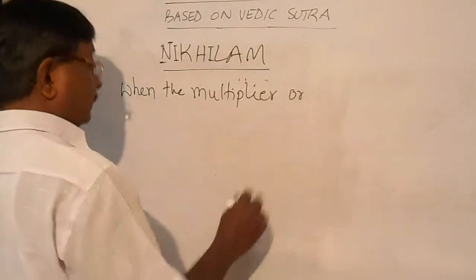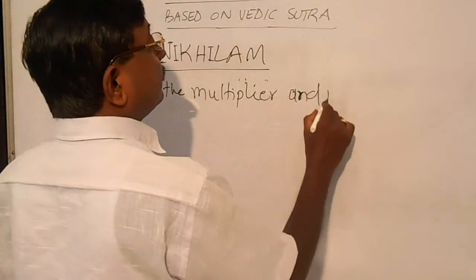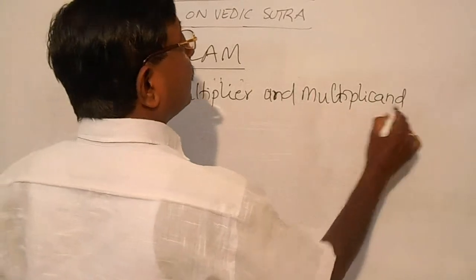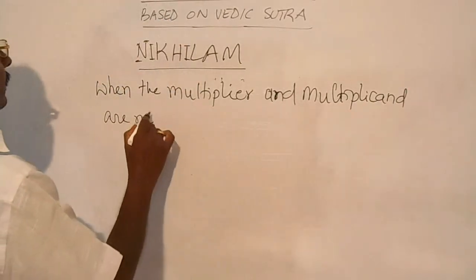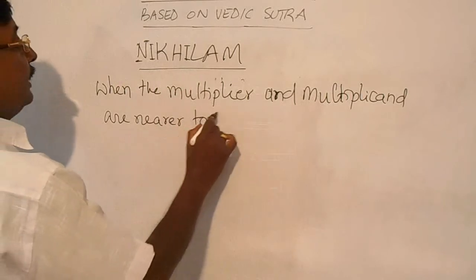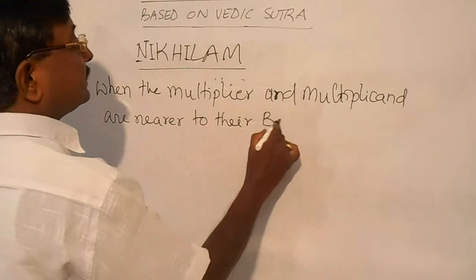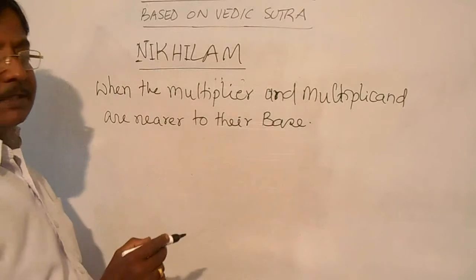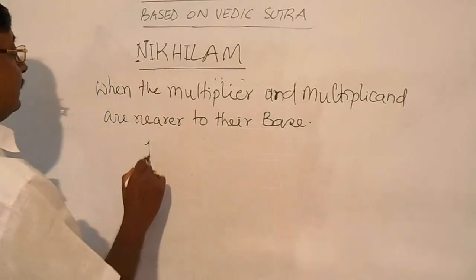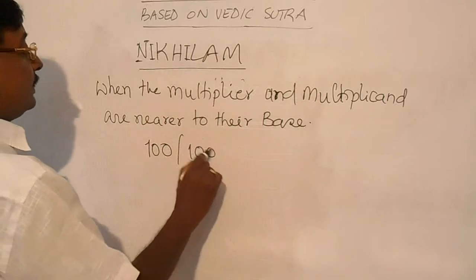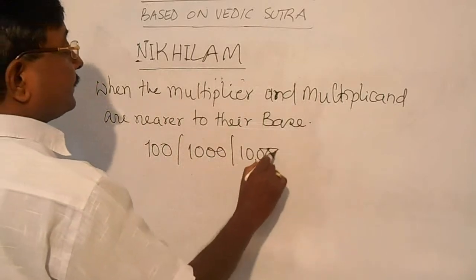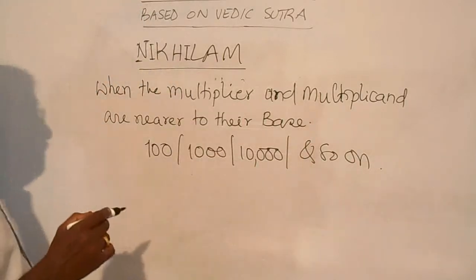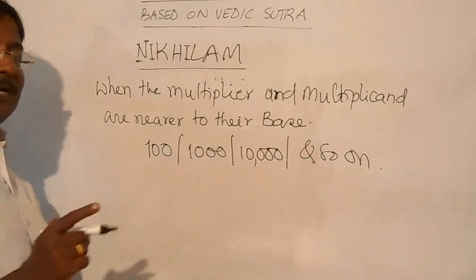Here the base can start from 10, which everybody knows, and then the base is 100, the base is 1000, the base is 10,000 and so on. In this case we can make use of Nikilam to perform the multiplications.